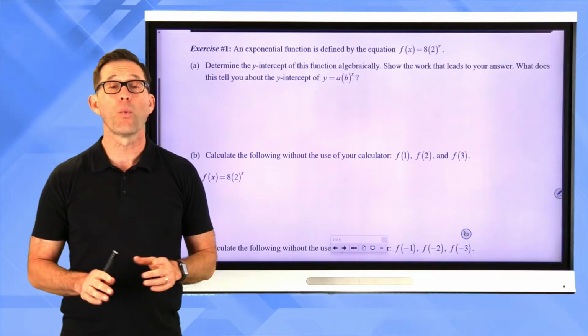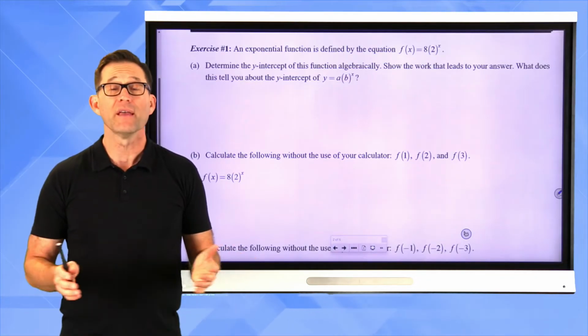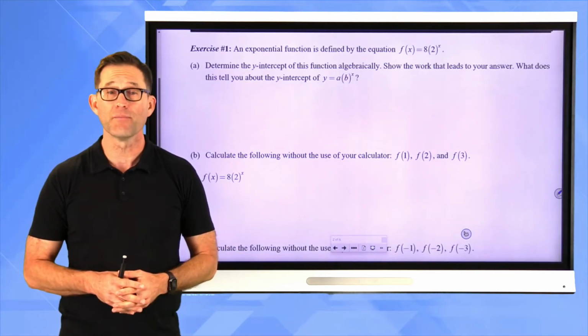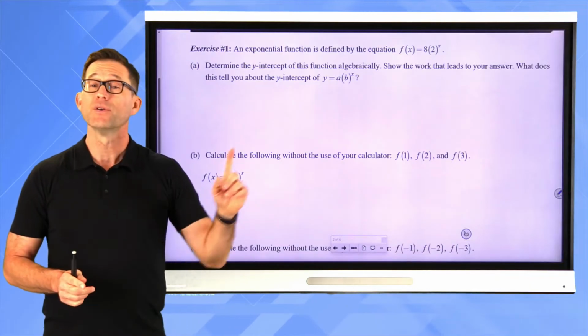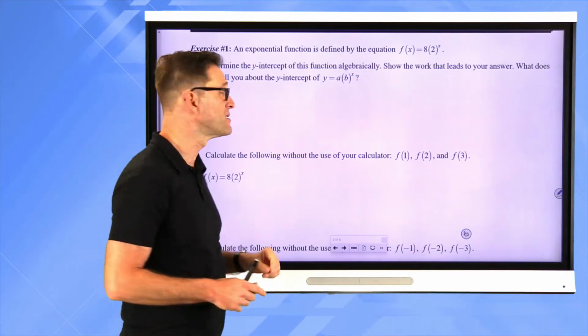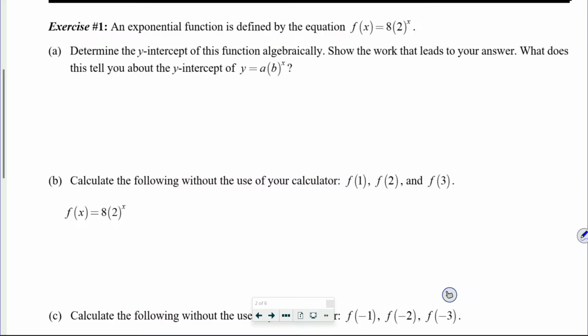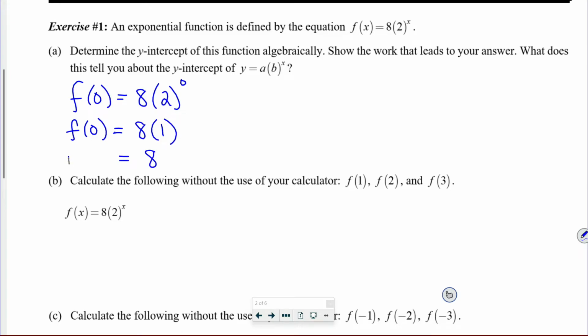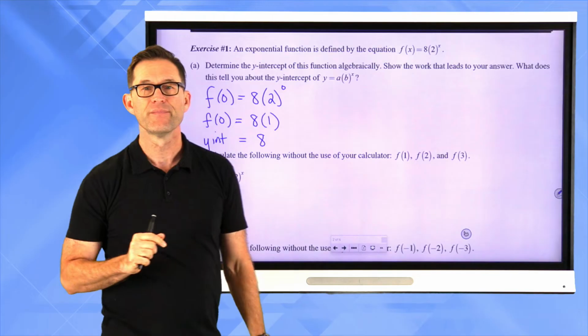As always, the y-intercept of any function is the output of the function when the input is x equals 0. So for our specific function, f of x equals 8 times 2 to the x, f of 0 is 8 times 2 raised to the 0. As we discussed in an earlier lesson, any number raised to the 0 power is equal to 1, and therefore the y-intercept is equal to 8.